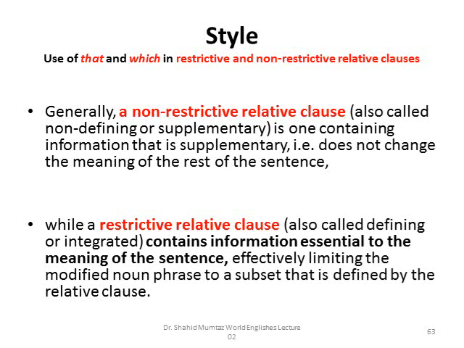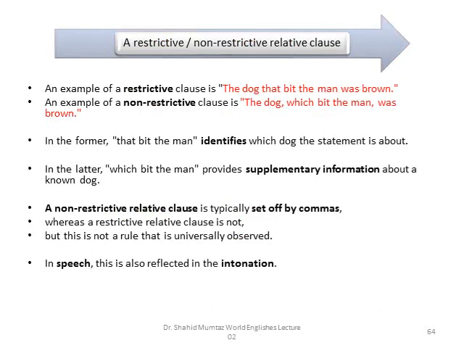So if the information in the clause is essential for the meaning of the sentence, that is a restrictive relative clause, and if it's not essential, that is a non-restrictive relative clause.